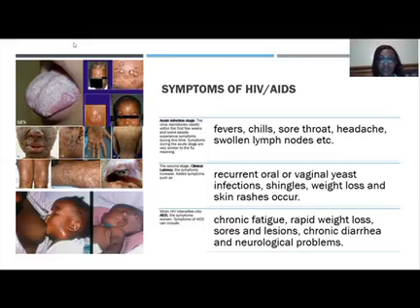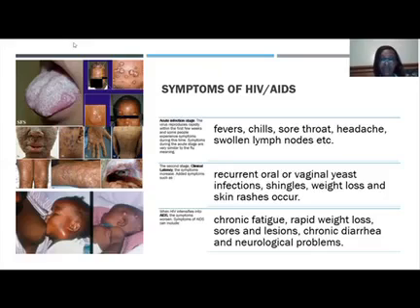Symptoms during the acute stage are very similar to the flu, meaning that it may only last a few days or it will come and go. Early symptoms of HIV include fever, chills, sore throat, headache, swollen lymph nodes, etc. When the HIV enters the second stage, which is clinical latency, the symptoms increase.